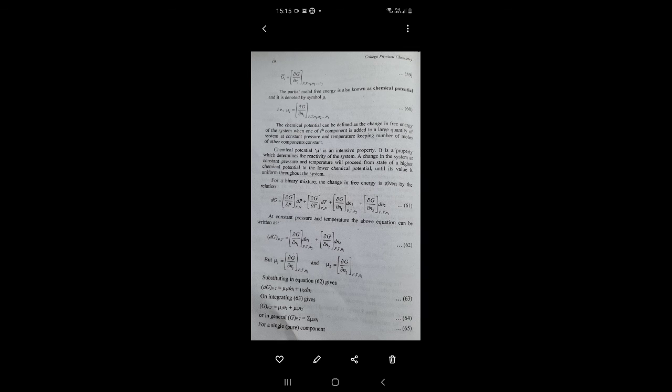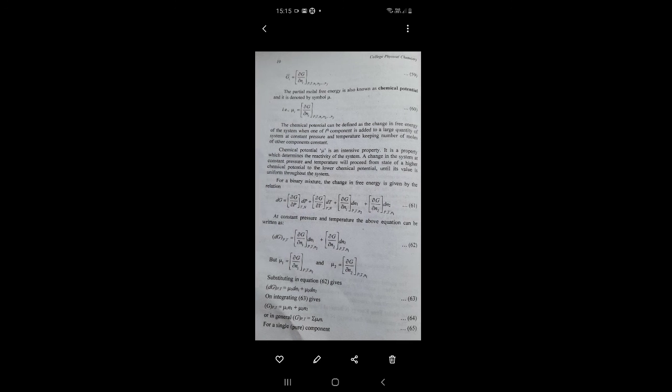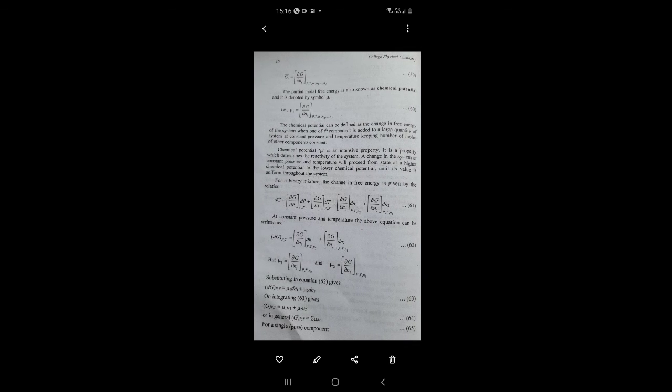Now chemical potential mu1 for the first component can be written as ∂G upon ∂N1 at constant pressure, temperature and N2, and mu2 is equal to ∂G upon ∂N2 at constant pressure, temperature and N1. So by substituting these values in equation number 62, dG at constant pressure and temperature is equal to mu1 dN1 plus mu2 dN2.